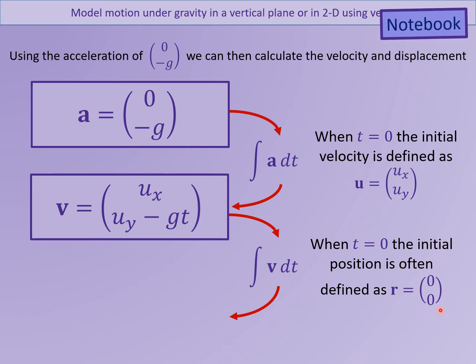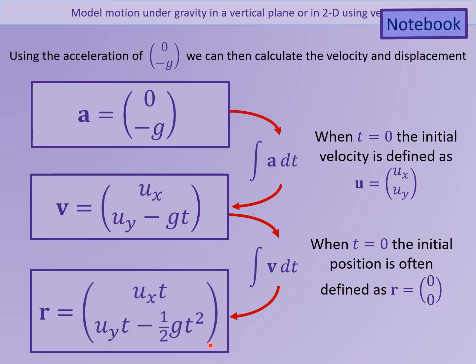Then you end up with your position vector like this. Looking at the integration, we've got ux in terms of t, that's why we've got uxt. We've got uy integrated in terms of t going to uyt because that's just numbers. And gt in terms of t, we're going to get t squared over 2, which is where that comes from.